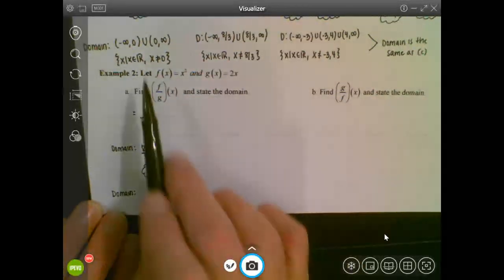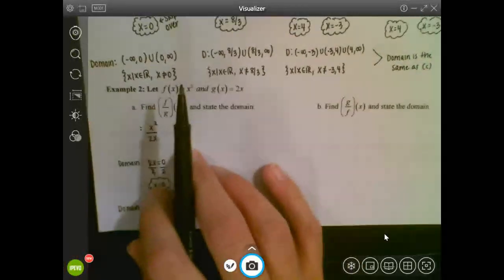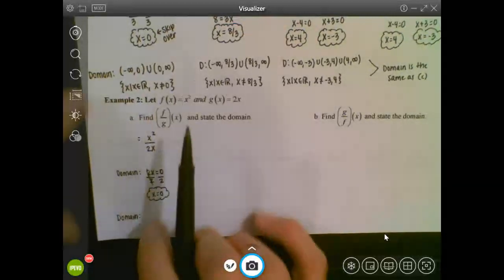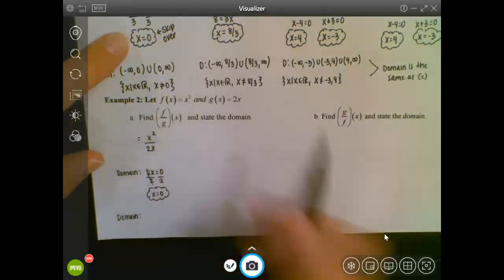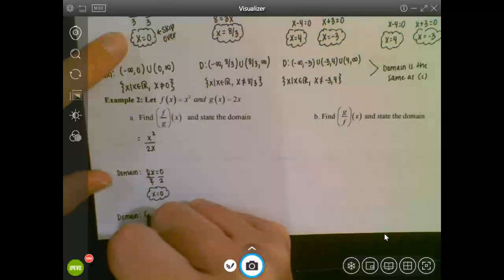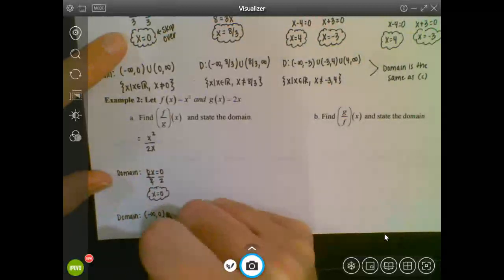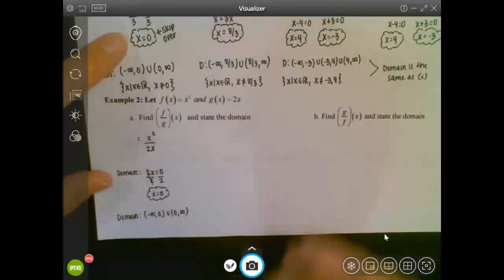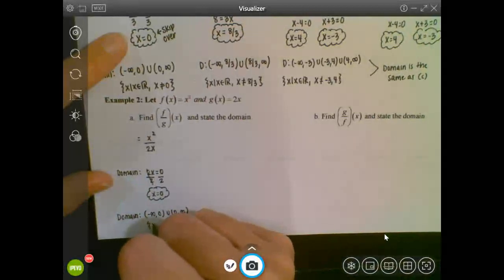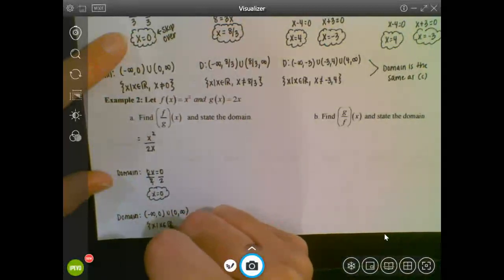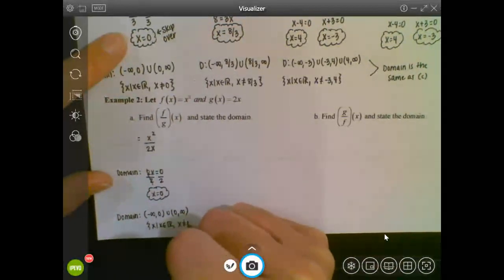So we're actually going to write it exactly the same as example A above, because that was our restriction there. So our domain is going to be negative infinity to 0, union 0 to infinity. Or in set notation, again, that would be x such that x is an element of the real numbers, and we know that x can't be equal to 0.